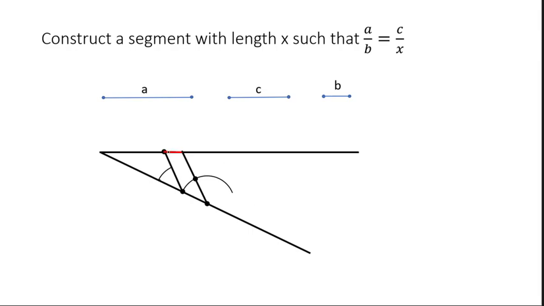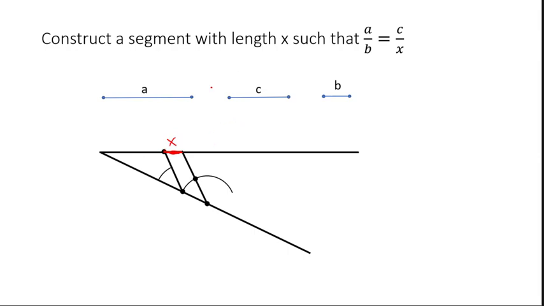So let's change the color here to red. Okay, that length is the length of x. All right, so that is our segment, and if you want, you can duplicate it over here, or you just leave it like that here in the picture.